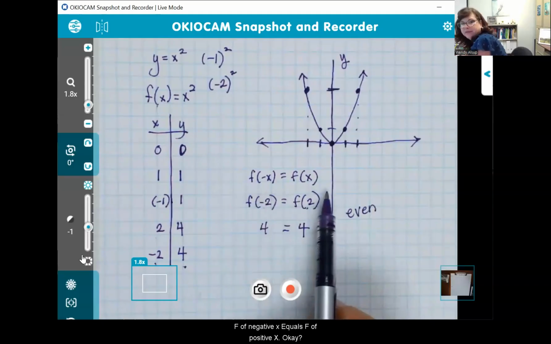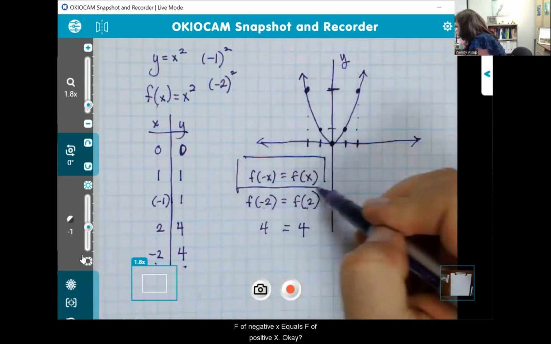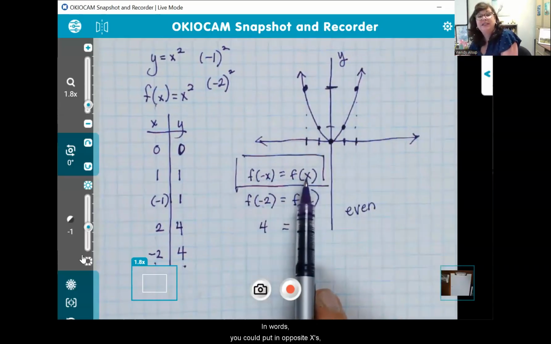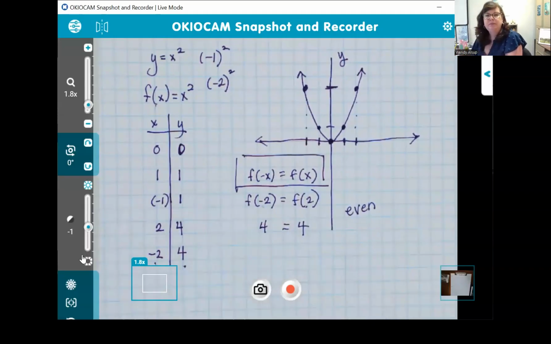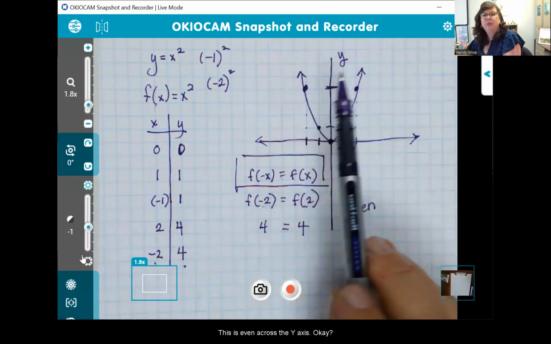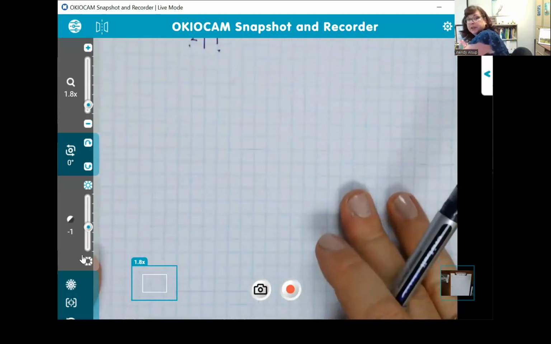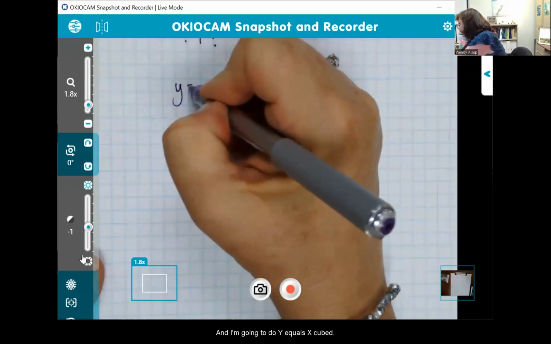f of negative x equals f of positive x. In words, you could put in opposite x's, but you will get the same y. This is even across the y-axis. Now, the other thing we want to talk about today is odd. I'm going to do y equals x cubed.